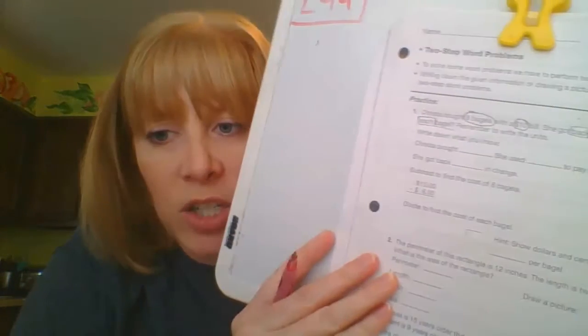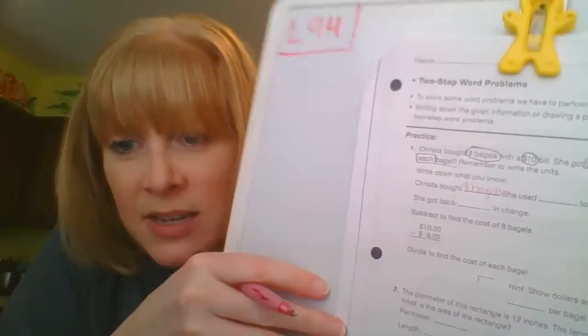It says write down what we already know, and that should be easy because we just did CUBES. So it says Krista bought 8 bagels. That's what she bought. And it says don't forget your labels. So I've got 8 bagels. That pink does not show up as well.